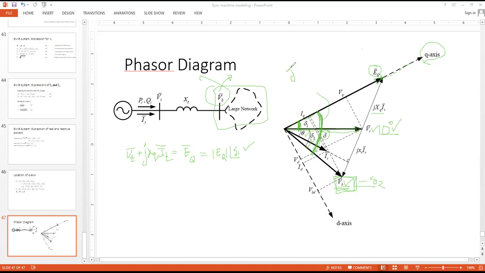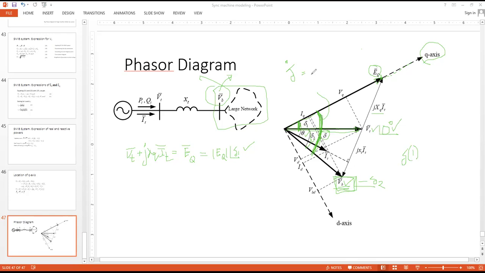Remember, delta dot was one of your expression. So delta is one of your state variable. So when you will be able to calculate this delta, you will know what is your delta initial value. Okay, delta 0 or delta 1, whatever you call it. The first value of delta at a steady state, you will be able to calculate.